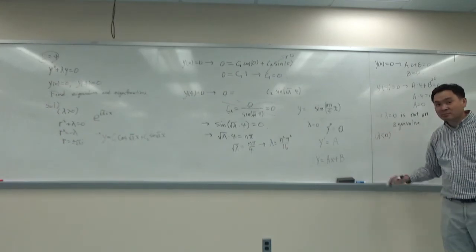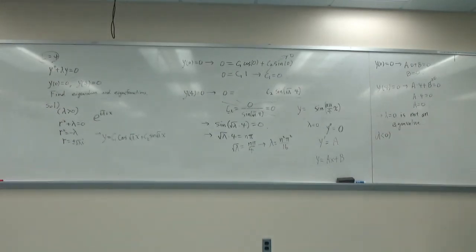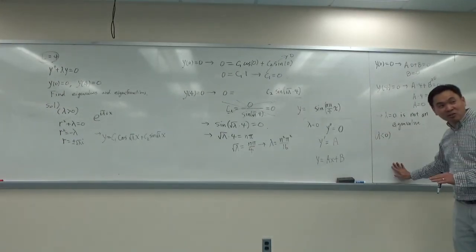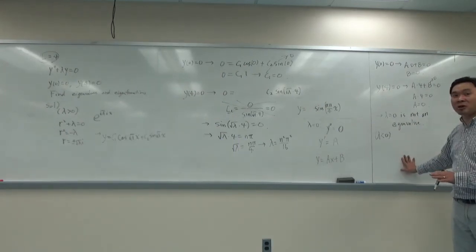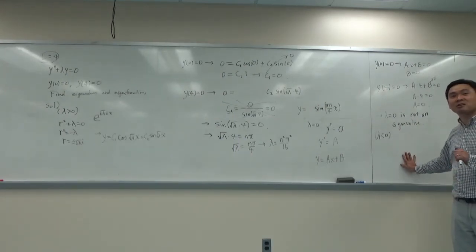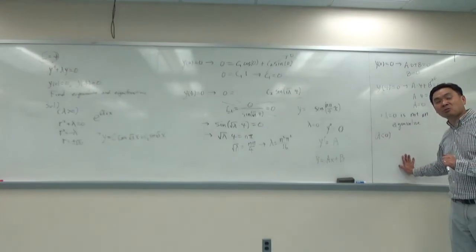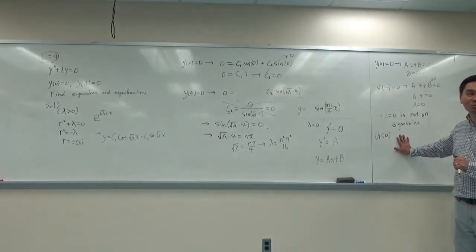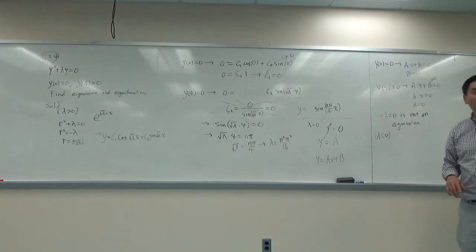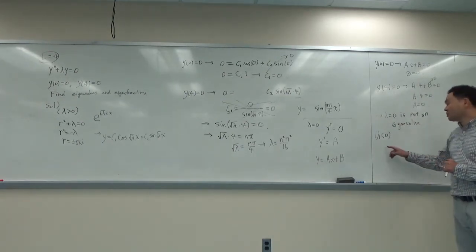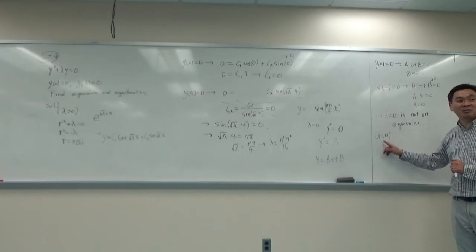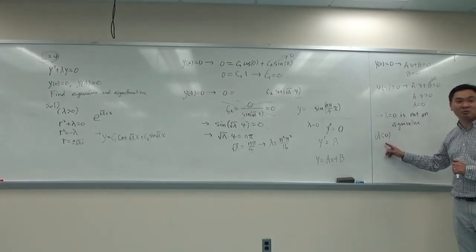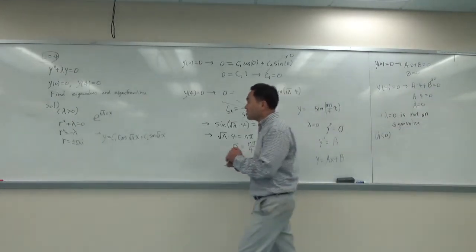For this one, you could work it out and show that you don't have any eigenvalues, but this will be general knowledge. There's a proof generally you can do for the Sturm-Liouville problems that you can never have negative eigenvalues.